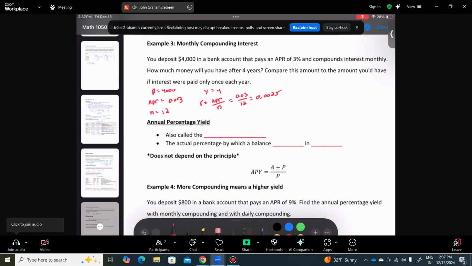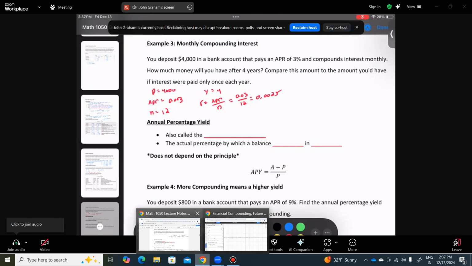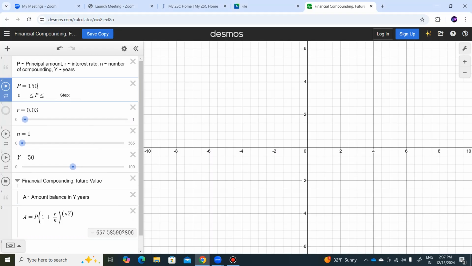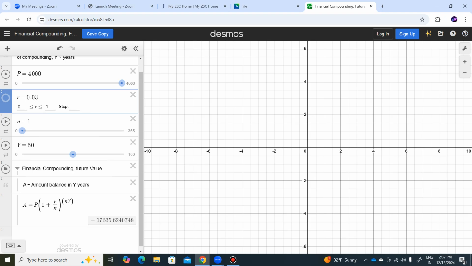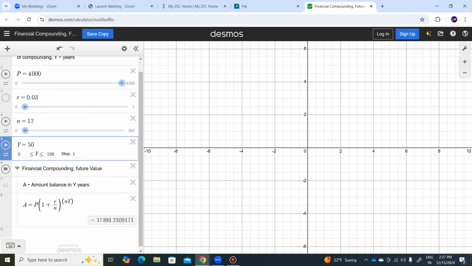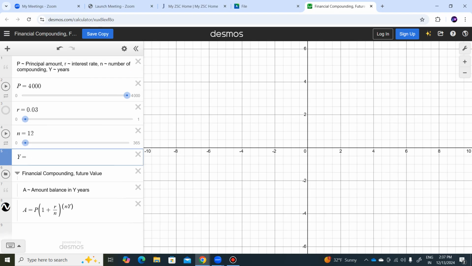All right, so we can do this again on Desmos. So principal amount, 4,000. Rate. Now, one thing with this is in this formula, this rate is your APR. So we will put in 0.03. Notice it is dividing it by n. And then n is 12. And so you change your years to 4.